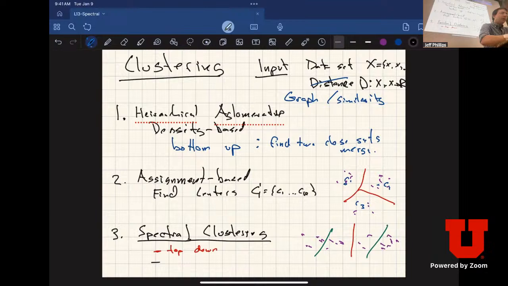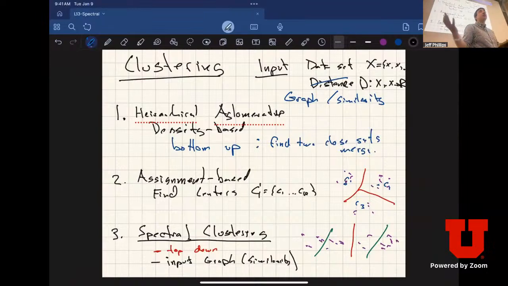The other way, as I mentioned at the top of the slide, is that the input will often be a graph or a similarity instead of a distance. We'll talk about that modeling, and we'll have a whole section, the last section in the semester, talking about graphs. So this is a preview. We will also get a preview of dimensionality reduction.